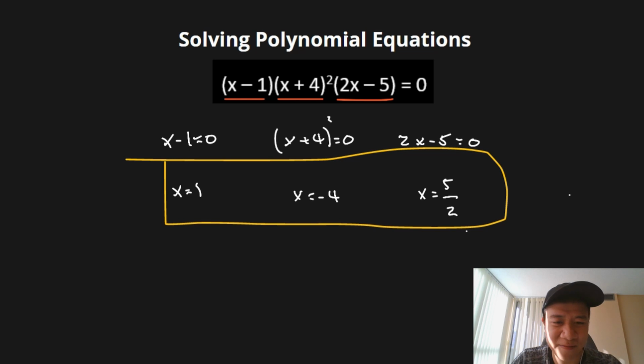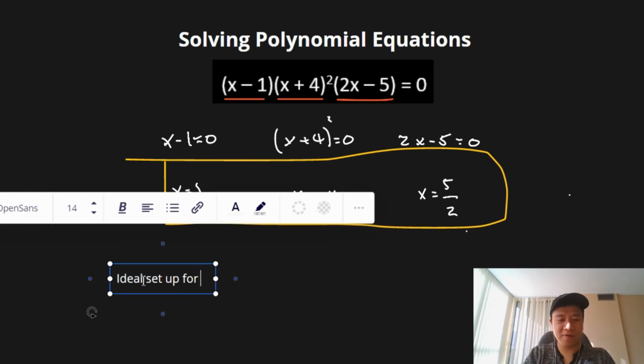So let's take a moment and figure out how we can set up a more complicated polynomial equation so that we can solve it like how we did just now.